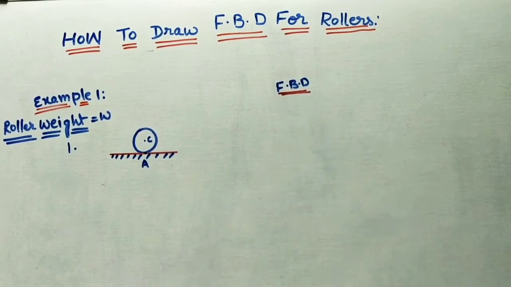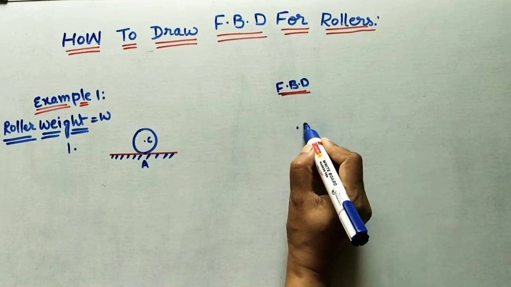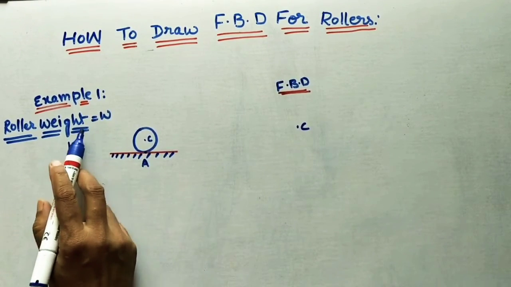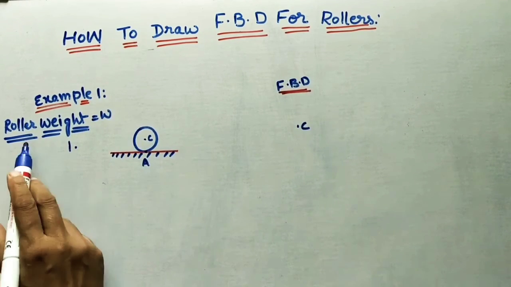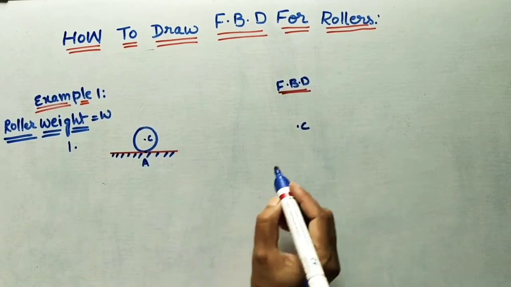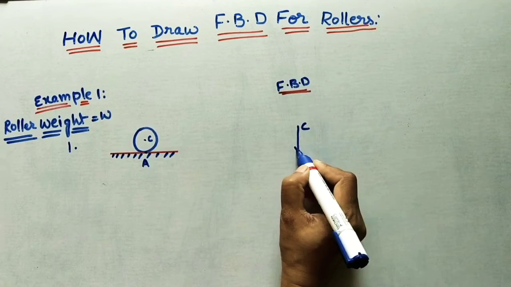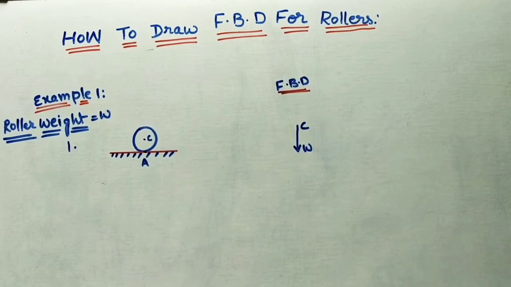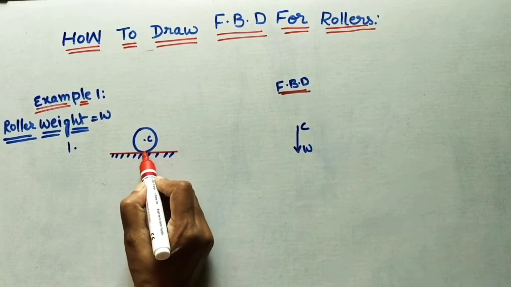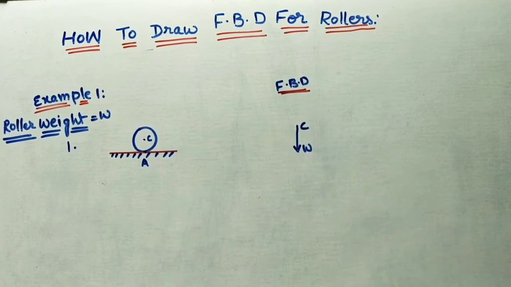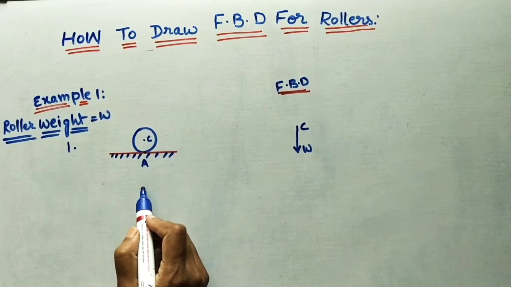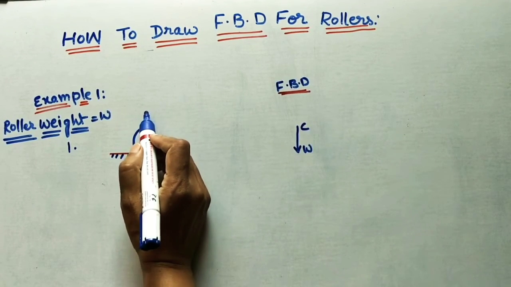For marking FBD, first I will take the center. We know at the center of gravity of this roller, weight is acting. Roller weight is W. It is obviously acting in downward direction because of gravity. And then A is the contact point. Because of this horizontal surface, the reaction is always perpendicular to this surface, so it is in upward direction.